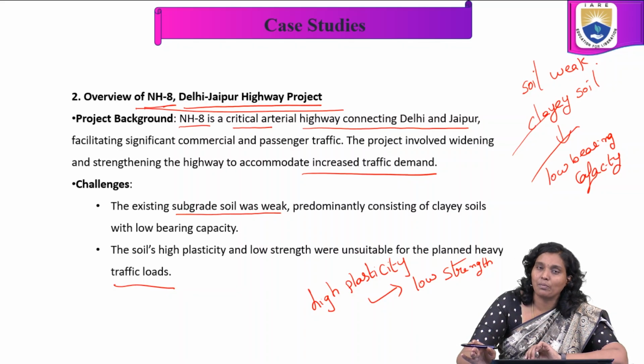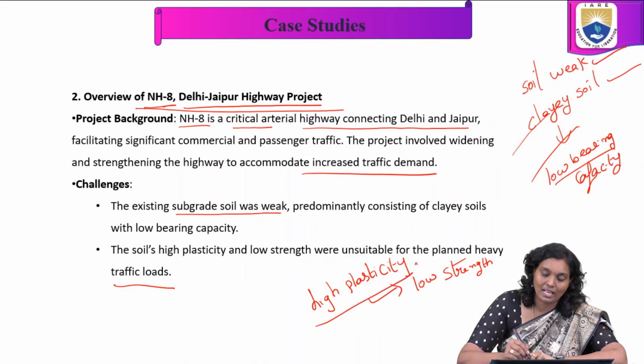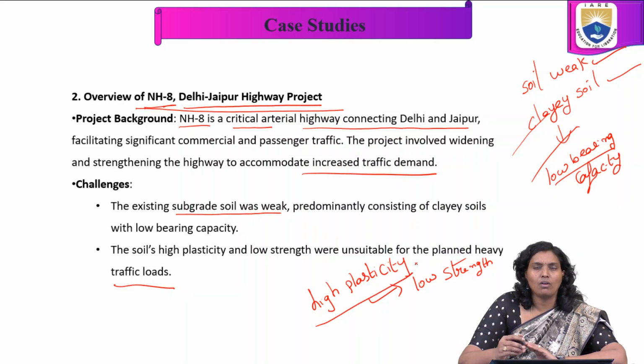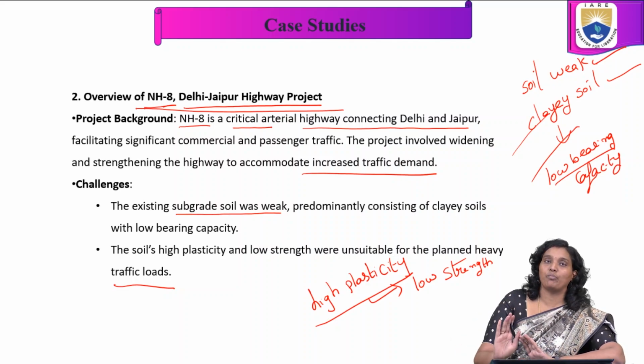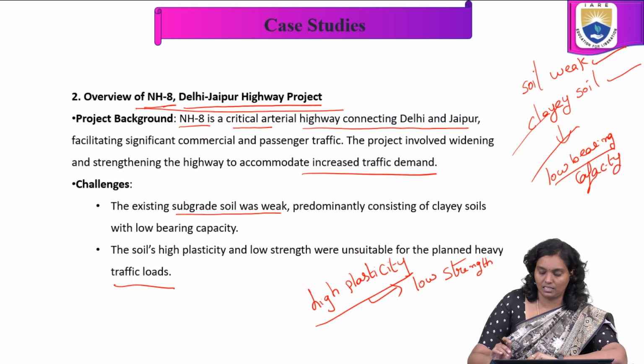The existing subgrade soil is already weak and is clay soil, which leads to low bearing capacity and high plasticity. Now we will understand how we overcome these problems using ground improvement techniques, and also a few more environmental concerns.